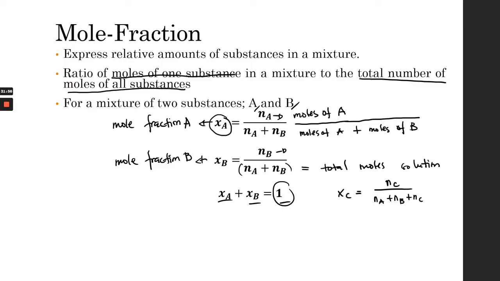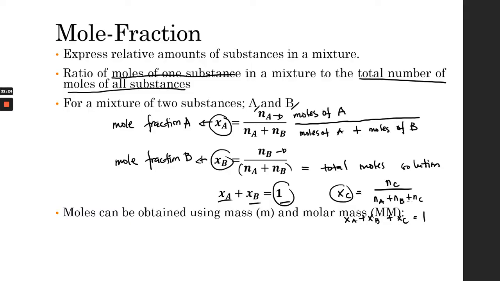And what is interesting is if you add all of those, xa plus xb plus xc, it would still equal 1. So you can think of this as parts of the totality. This mole fraction is a singular part of all the total moles in the solution.